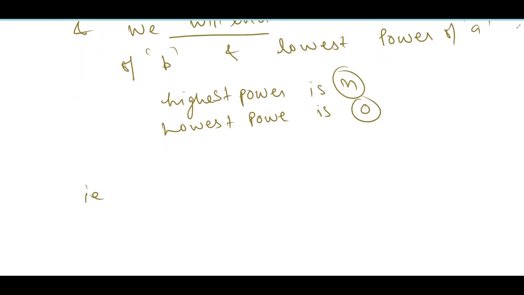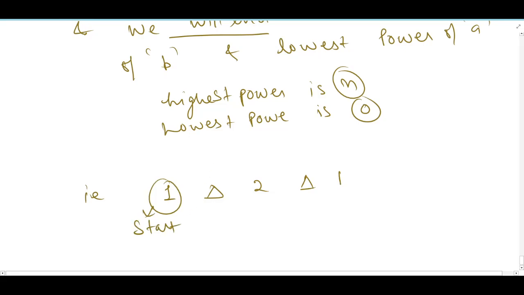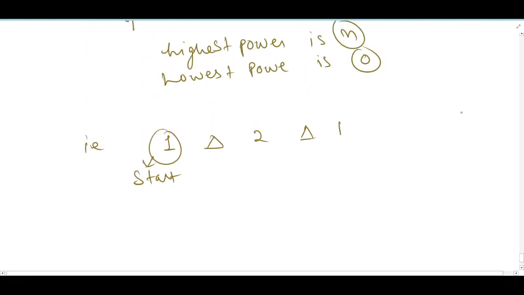If we have n equal to 2, then according to Pascal's triangle we get 1, 2, 1 as our coefficients. So 1 is the starting point, and on the right side 1 is the end point. We write it as follows.